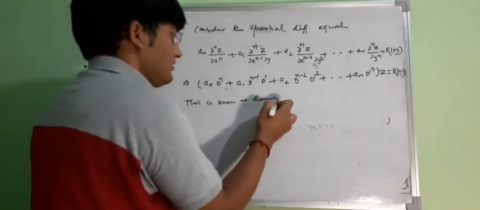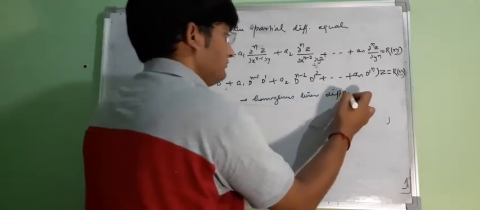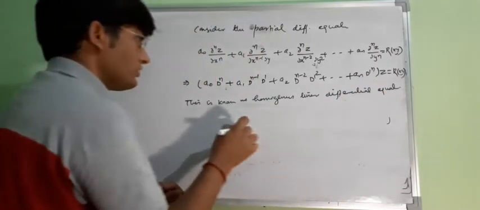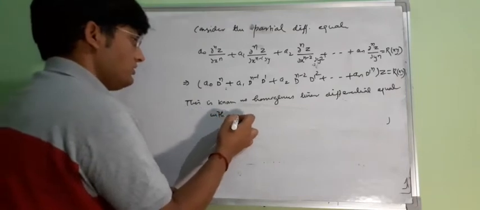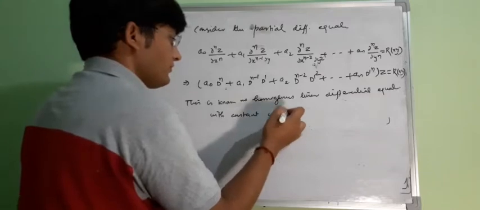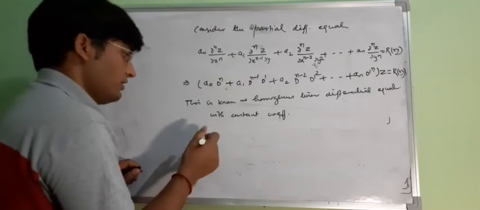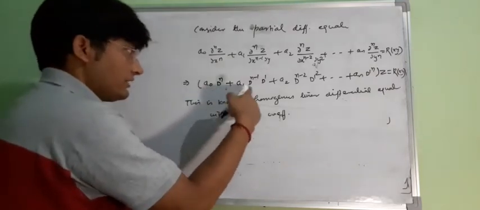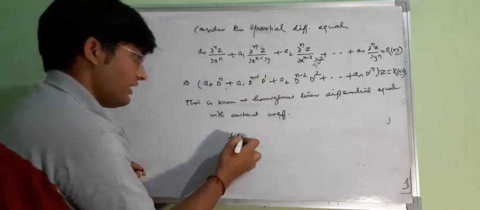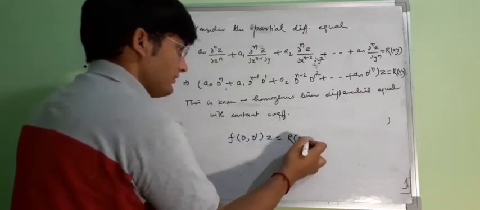This is known as homogeneous linear differential equation with constant coefficient. We can also write it as f of D, D dash of z equal to r of xy.